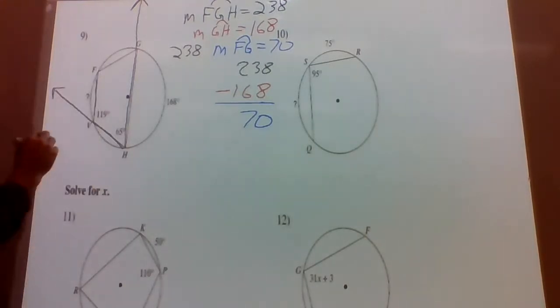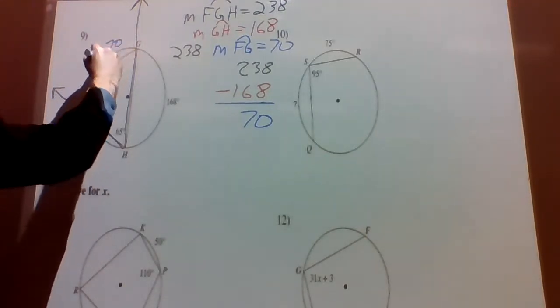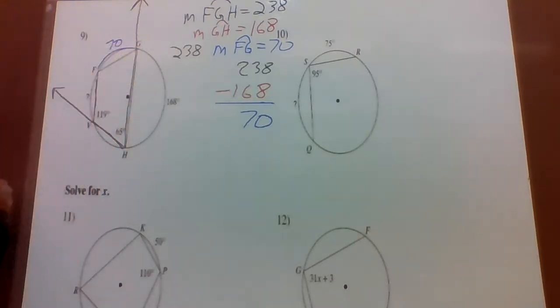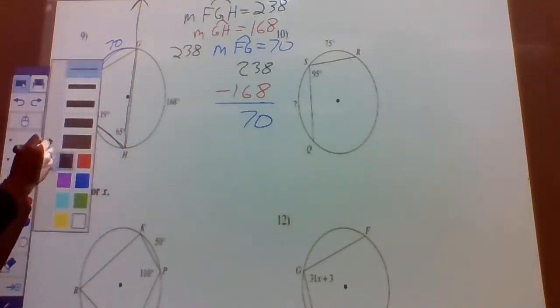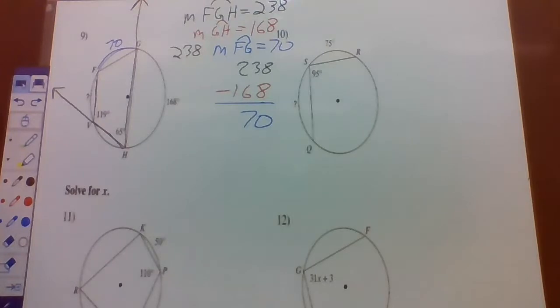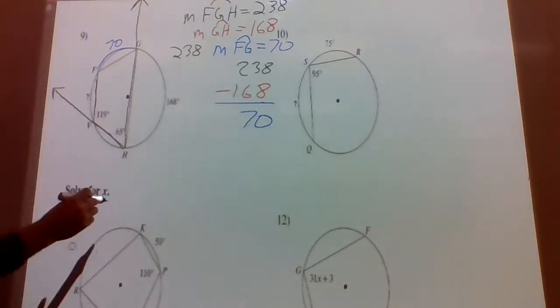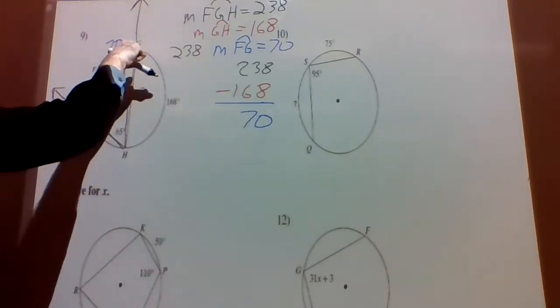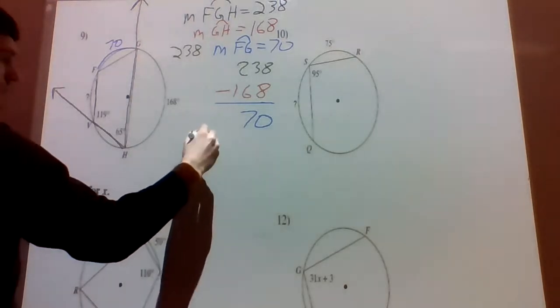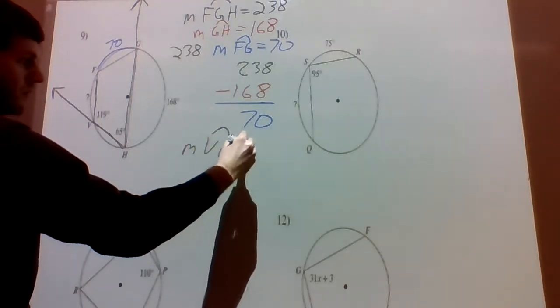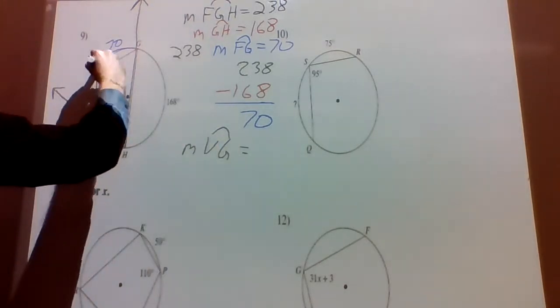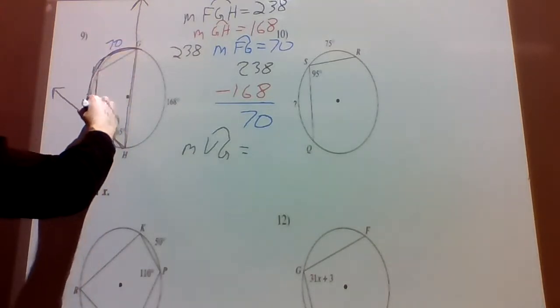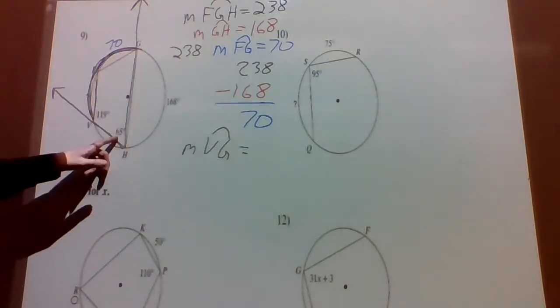We found out that this was 70, right? Our intercepted arc here is going to be VG, so the measure of arc VG is going to be double the inscribed angle.